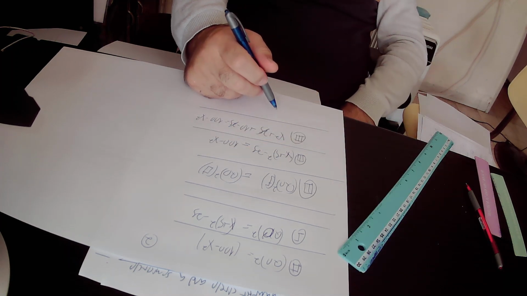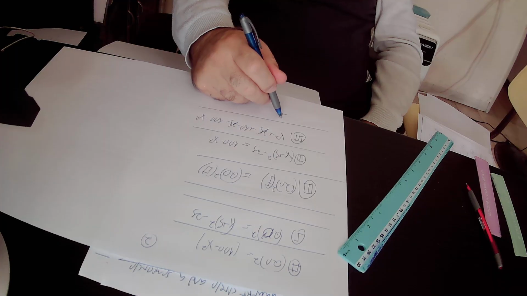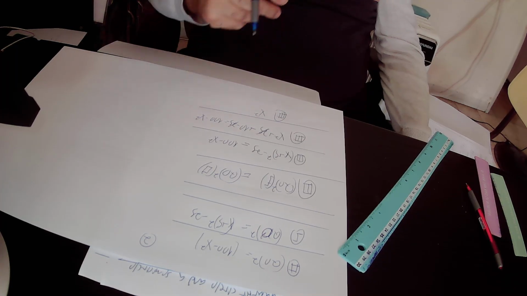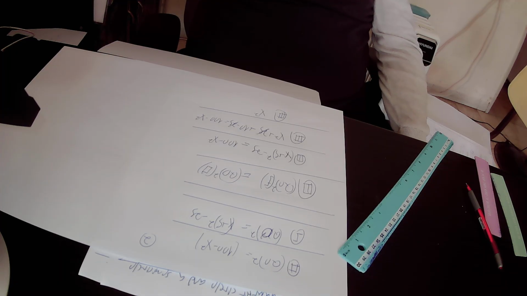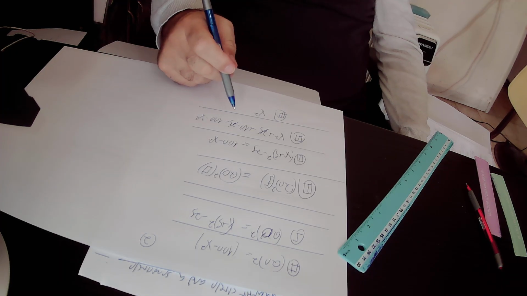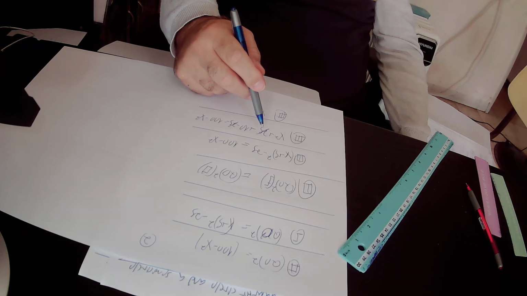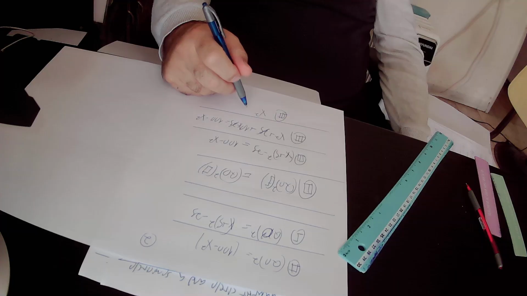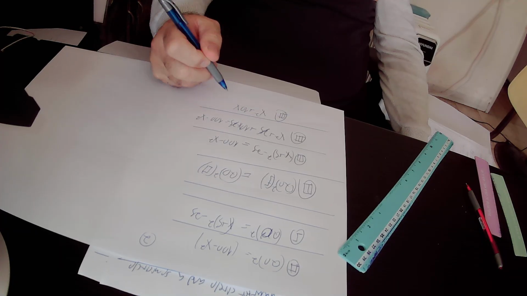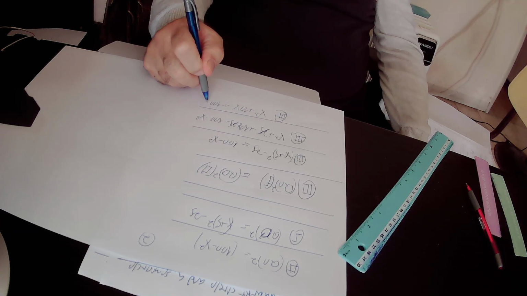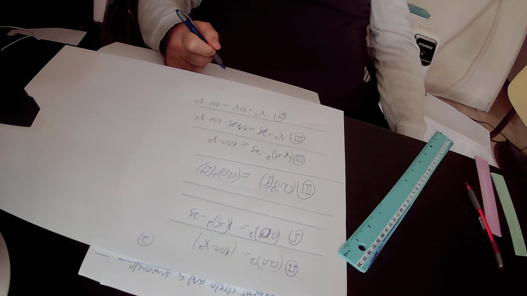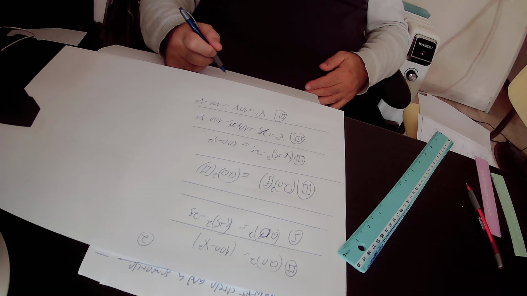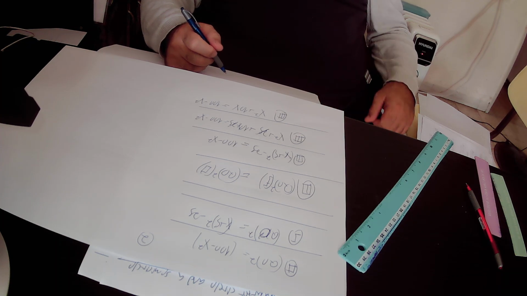So on this side we are left only with x squared plus 10x, equals 100 plus x squared.